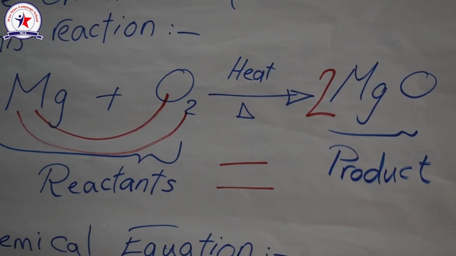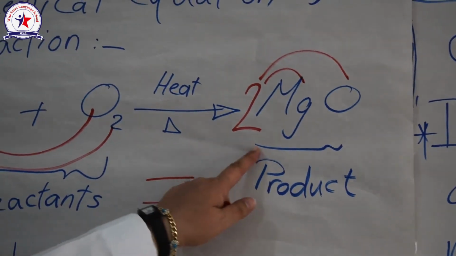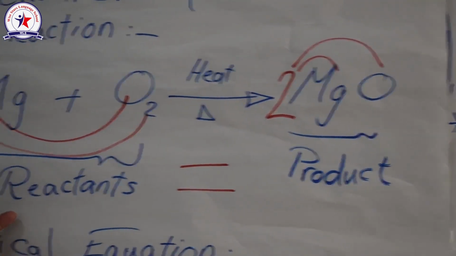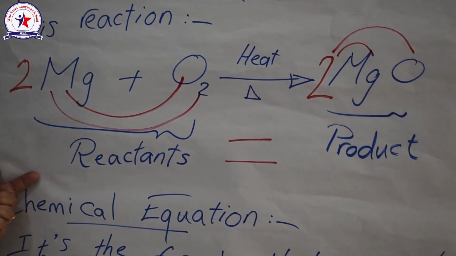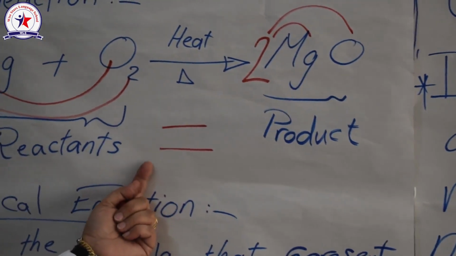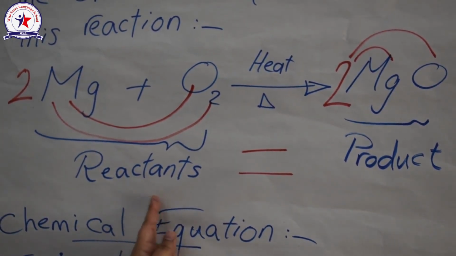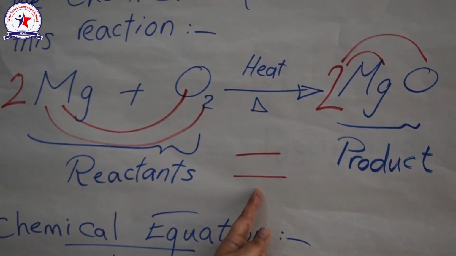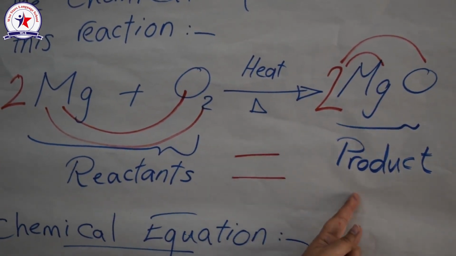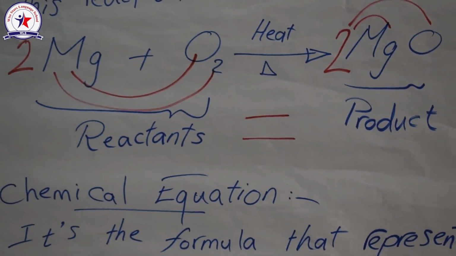It's like the distribution in math. So 2 molecules of magnesium oxide. So this is called the balancing of a chemical equation. Any chemical equation must be balanced, meaning the number of atoms of reactants must be equal to the number of atoms in the product. So this is the balancing of any chemical equation.